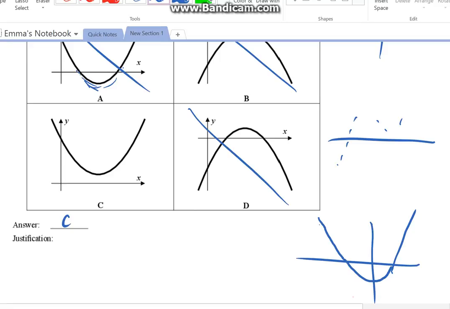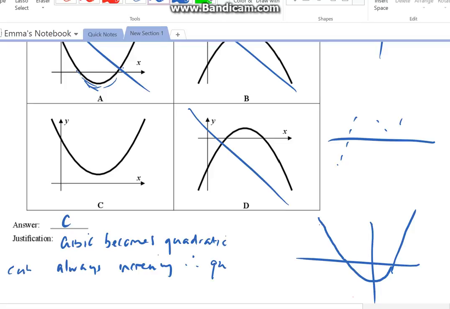And our justification, we've loads of justifications. Cubic becomes quadratic. Then it's always increasing. Therefore cubic is always increasing, therefore quadratic is always above the x-axis.